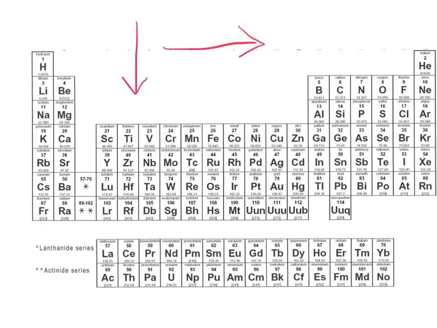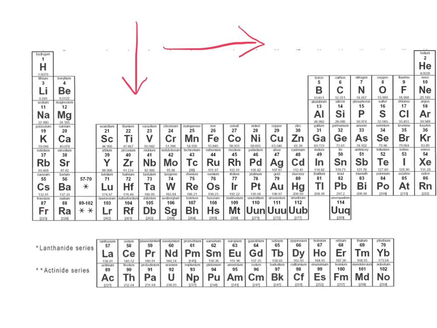For example, maybe there's a family and they all have freckles, or all of them are short or tall. A lot of times in families, because of genetics, you see similarities in the brothers and sisters and in the parents and the kids. And I want you to think that with elements it's the same thing.